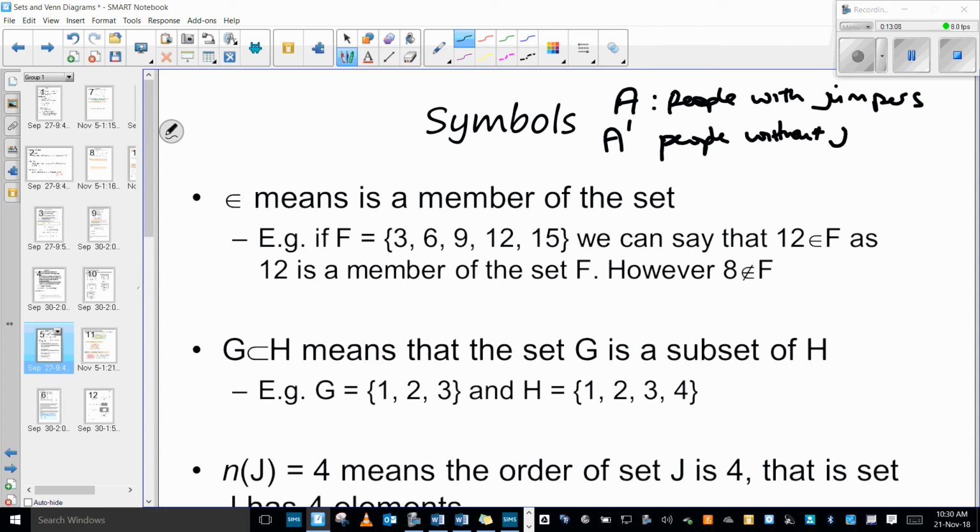Yeah, it's a way of describing people, and it's going to come in later with Venn diagrams as well. What if A is people without jumpers? Would A apostrophe be people with jumpers? Yes, it's just the not. It is the opposite.